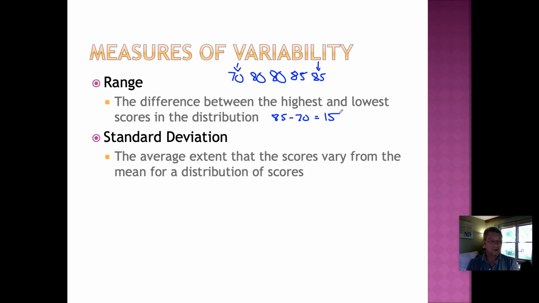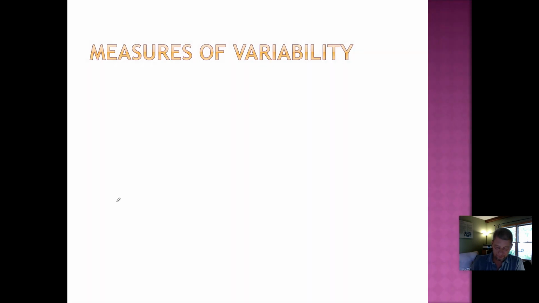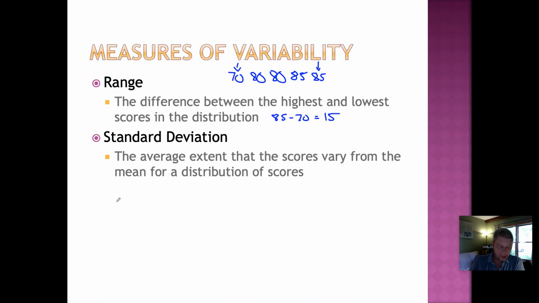Now the second thing that I've got here is what we call the standard deviation. We'll come back to the standard deviation a little bit later, but it is calculated like this.